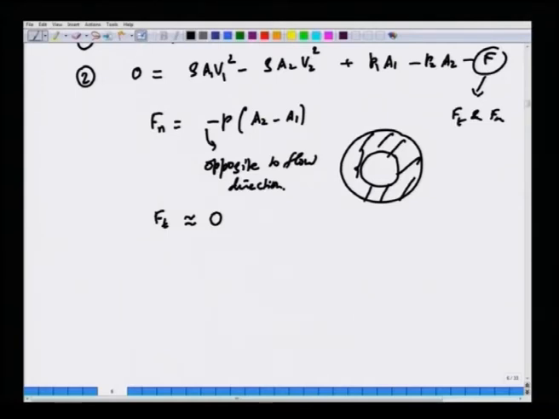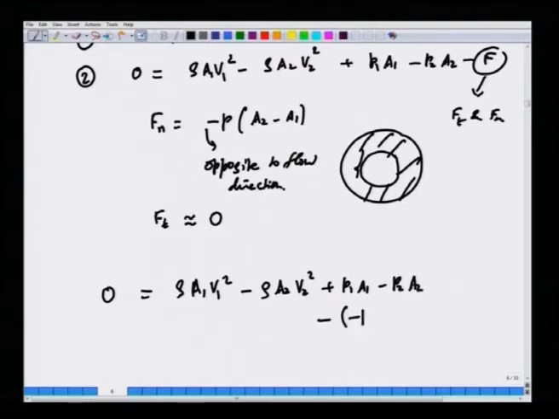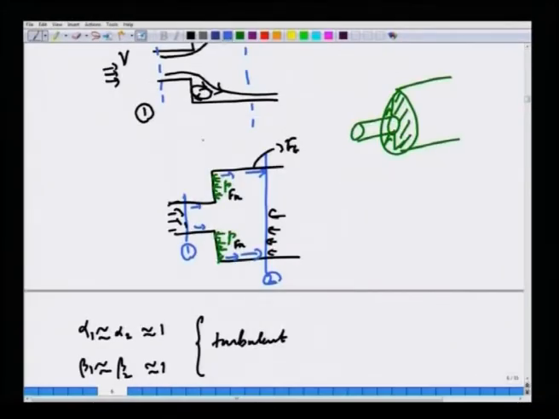So, the momentum balance becomes rho A1 V1 squared minus rho A2 V2 squared plus P1 A1 minus P2 A2 minus P times (A2 minus A1). Now, this P is the pressure at the point where the sudden expansion occurs. Let us call that plane E, because that is where the pressure is being exerted.